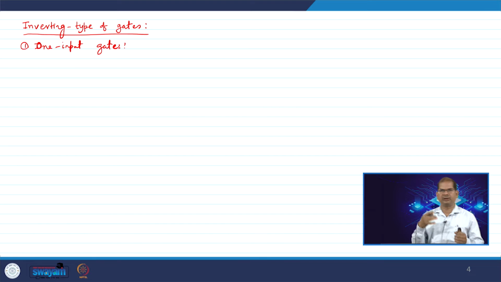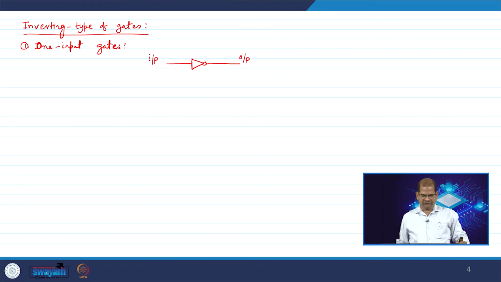It is easy to understand for one input, then you can go to the multiple-input gates. So, let us discuss the inverter. I have an inverter, this is the input, this is the output.